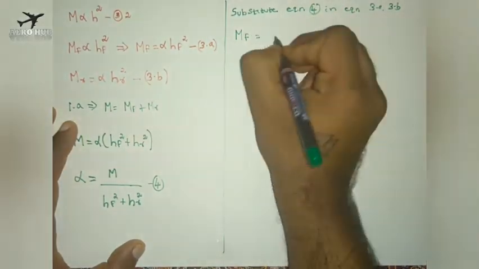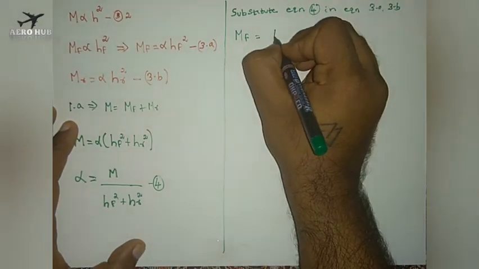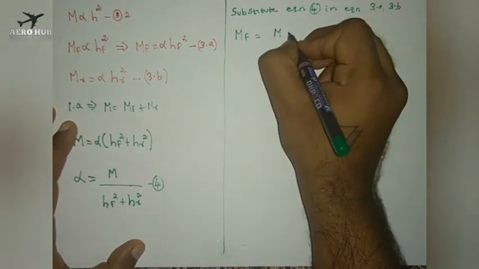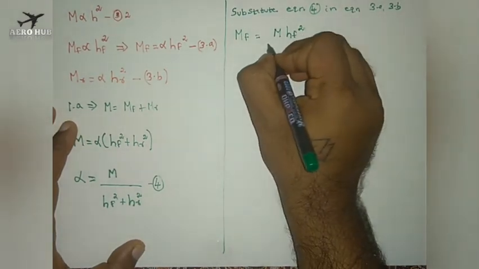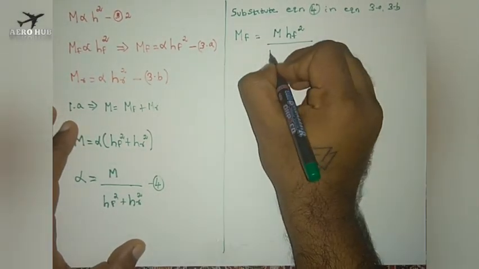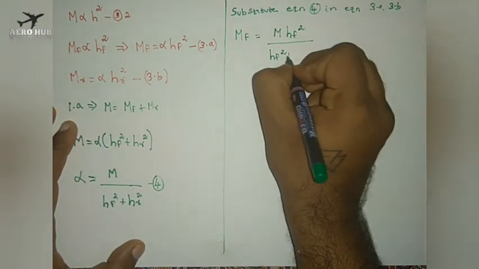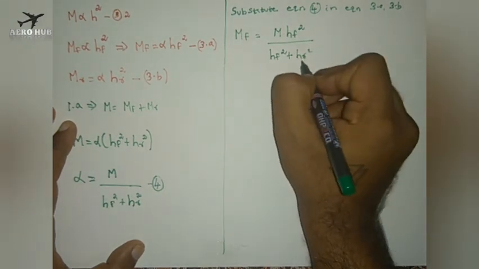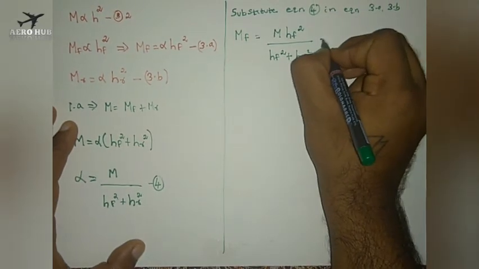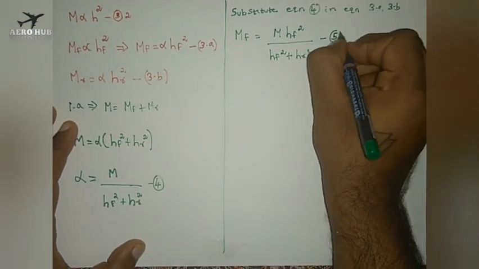MF is equal to M into HF square divided by HF square plus HR square, since M divided by HF square plus HR square is the value of alpha. This is equation number 5.